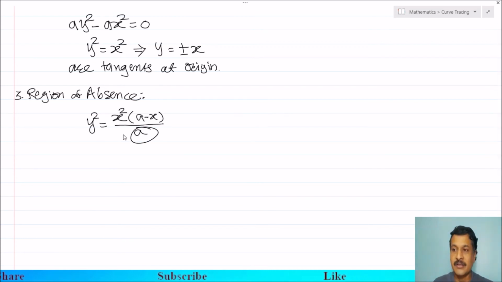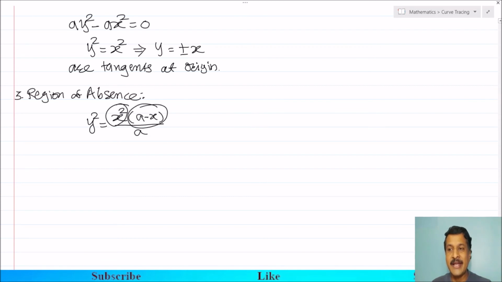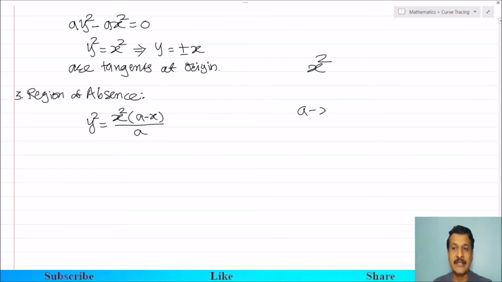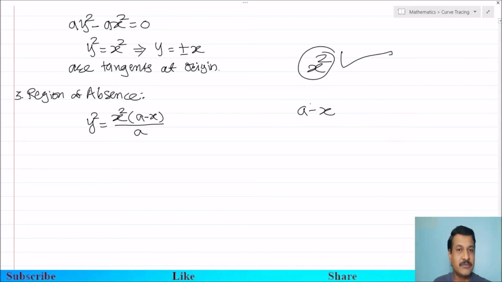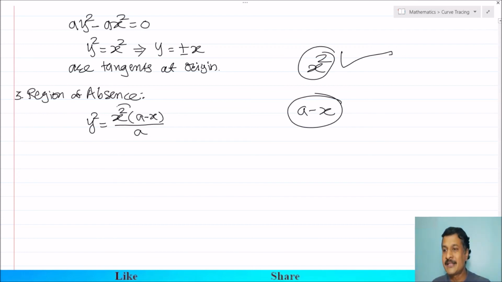It's a constant term. So there are two terms which contain the variable x: x square and a minus x. x square is always positive. Only we have to decide when this becomes negative. So only one term will decide the sign of y square.